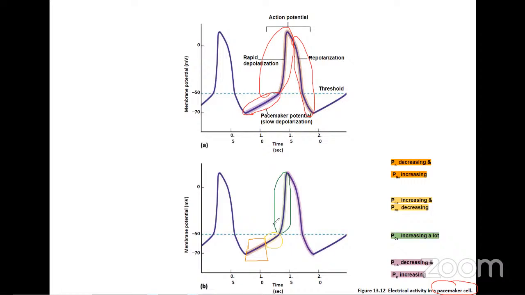So when we saw a curve like this, our action potential in a neuron, this spike was because of opening voltage-gated sodium channels. This is now because we have our calcium coming in. Okay. So that's our big difference when we're looking at this action potential in our pacemaker cells, that this spike of the action potential is due to the opening of calcium channels rather than sodium channels.